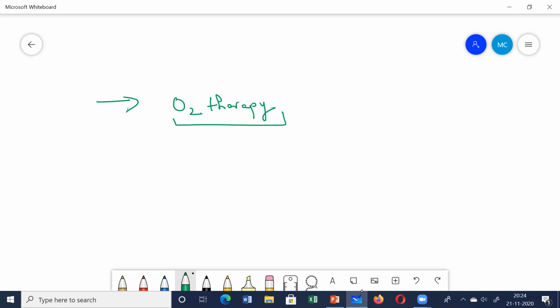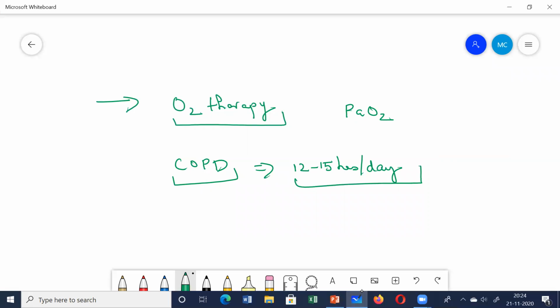Chronic oxygen therapy should be administered in a controlled manner so that we maintain the level of PaO2 around 60 to 65 millimeters of mercury. You must have seen COPD patients, wherever they go, they carry an oxygen cylinder with them. We advise them to take oxygen for at least 12 to 15 hours a day. So this is one of the most important treatments to decrease the pulmonary hypertension.